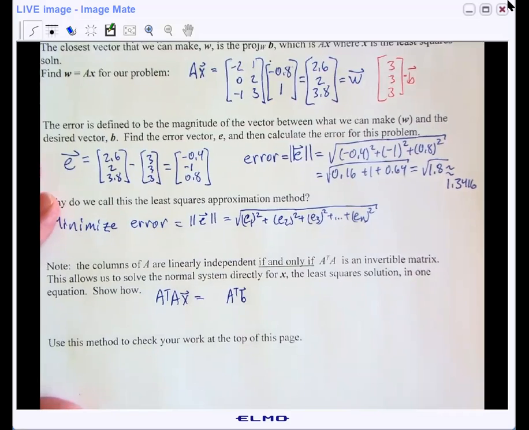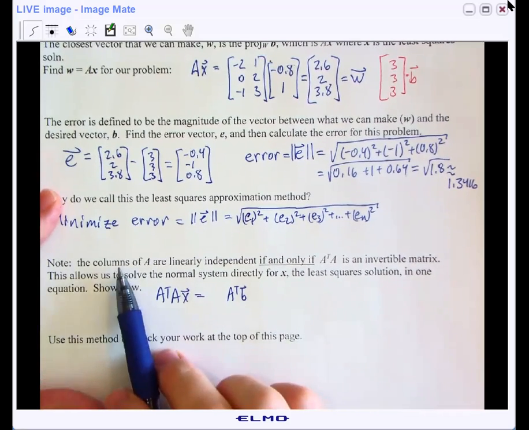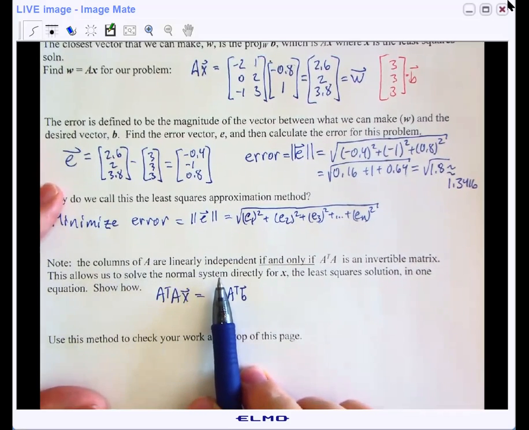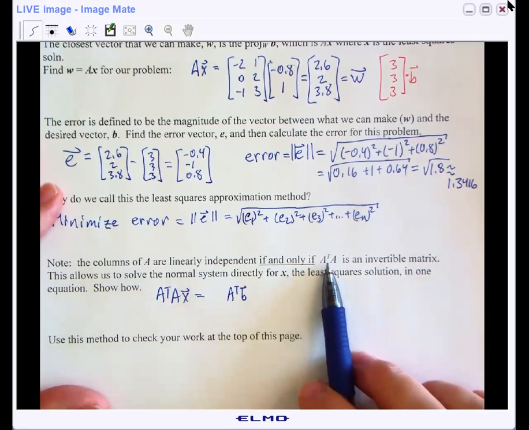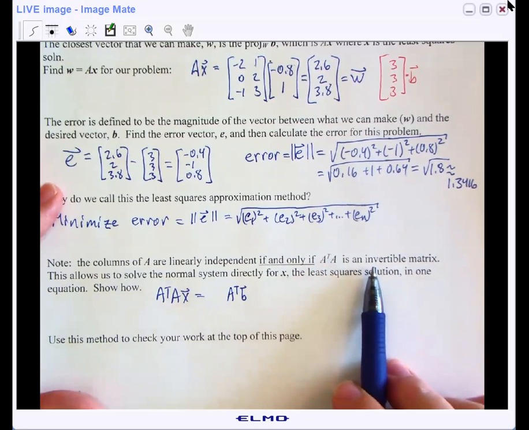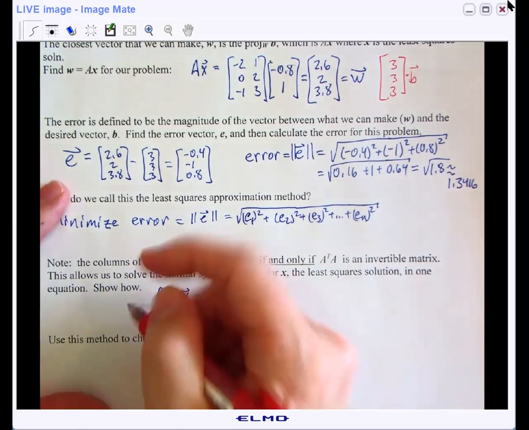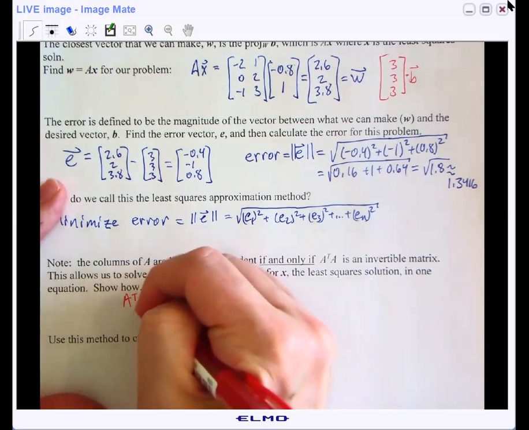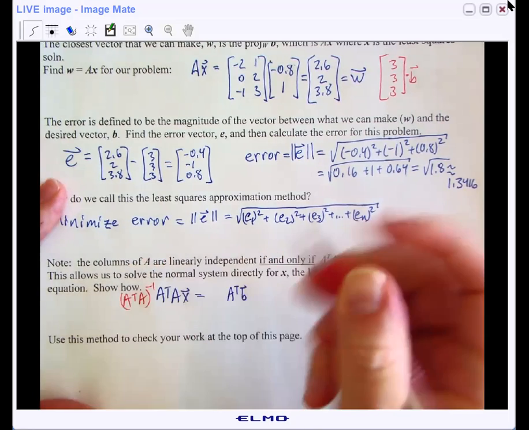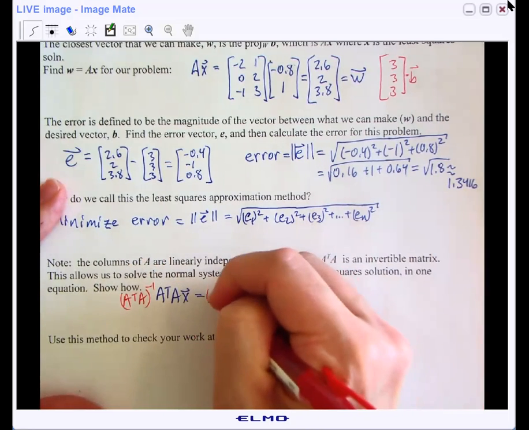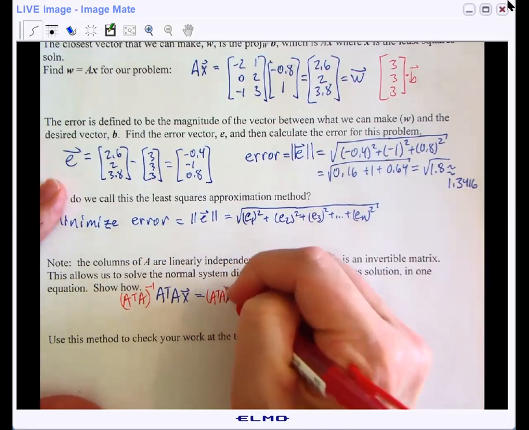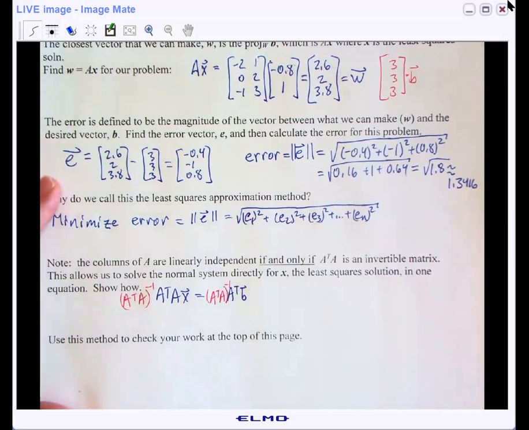Now, here's something cool. If the columns of A are linearly independent, then the matrix A transpose A will be invertible. In fact, that's an if and only if theorem. So if the columns of our original matrix A are linearly independent, then there exists an A transpose A inverse matrix that I can multiply onto the left of both sides here.